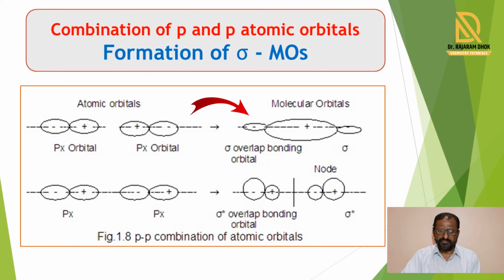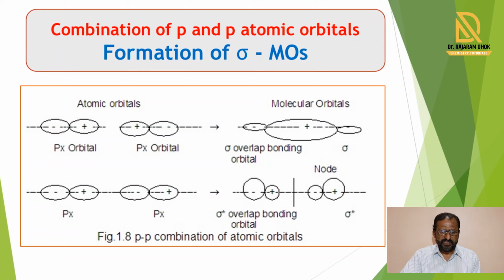Now the other case, where the wave functions of those two atomic orbitals, that is px and px, are different. That means the first atom's px atomic orbital and the second atom's px atomic orbital have opposite-sign wave functions.